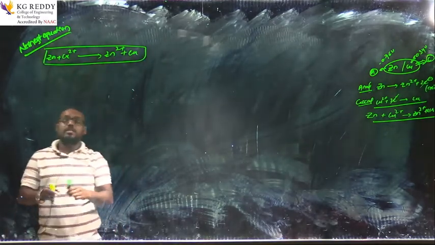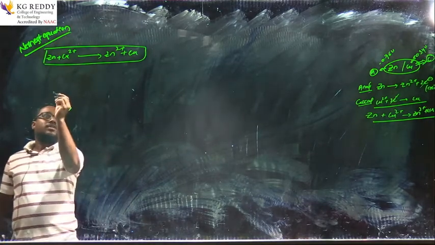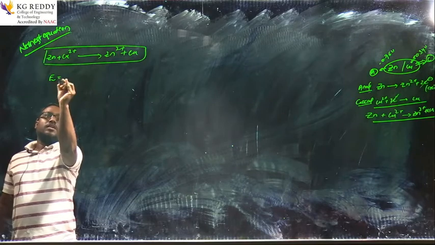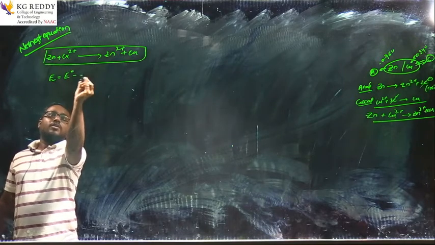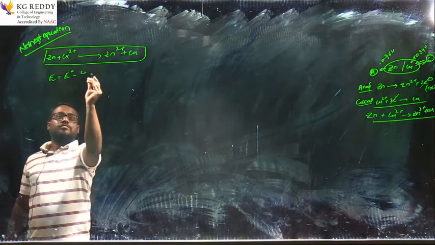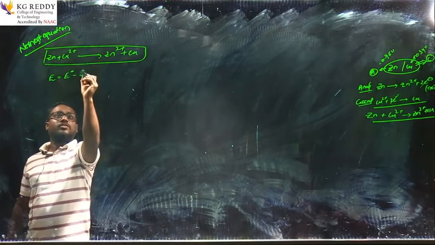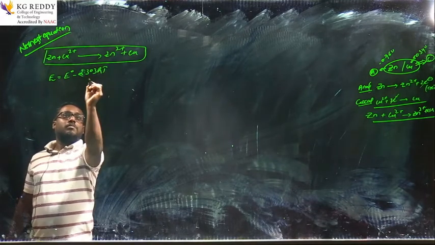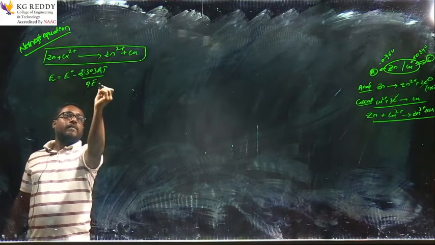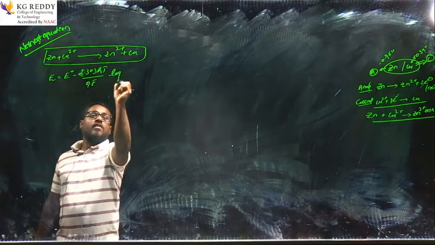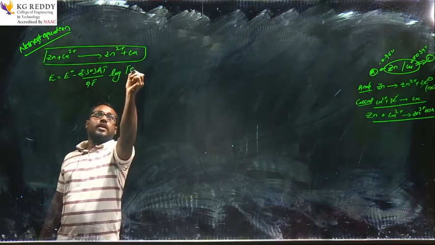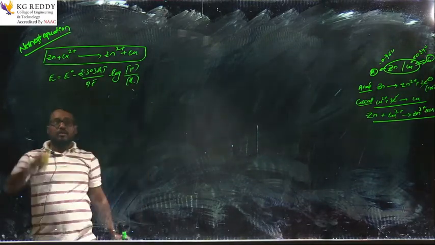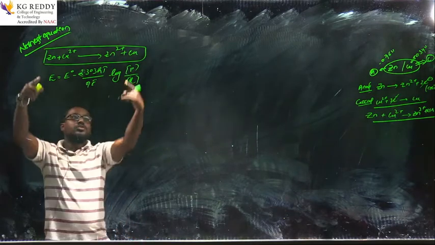What is the Nernst equation? It is a mathematical equation: E equals E naught minus 2.303 RT by nF, log of the concentration of products by the concentration of reactants.